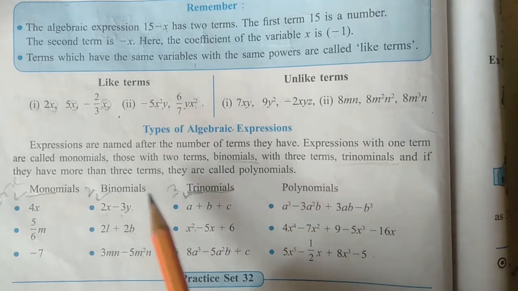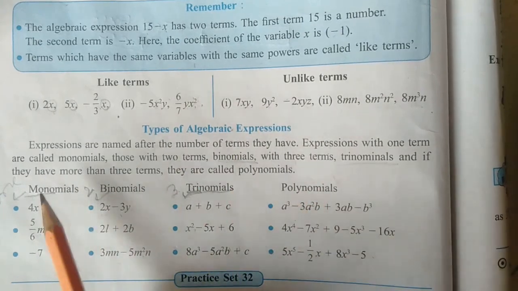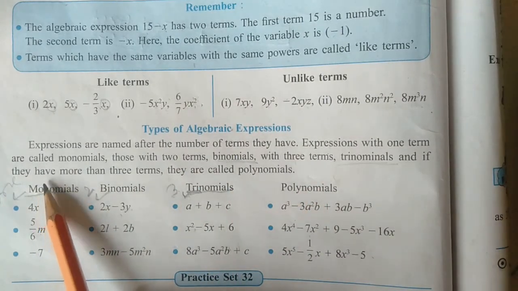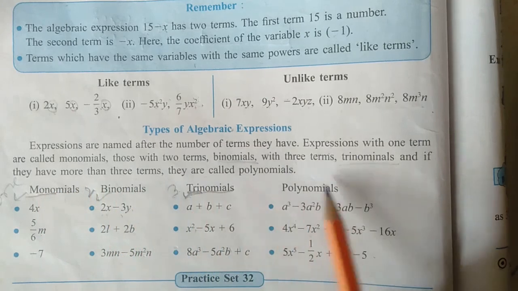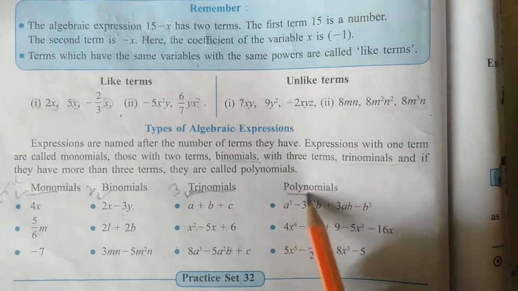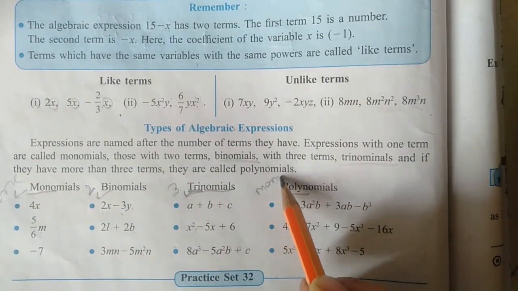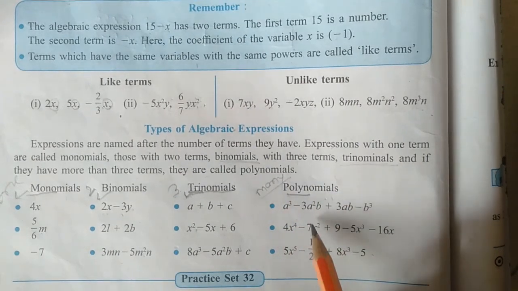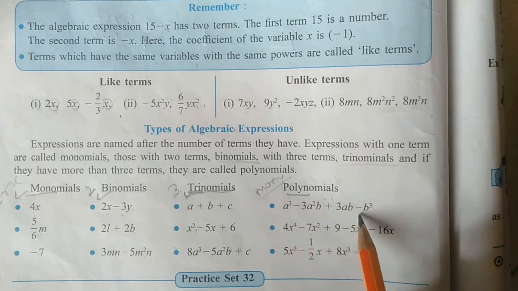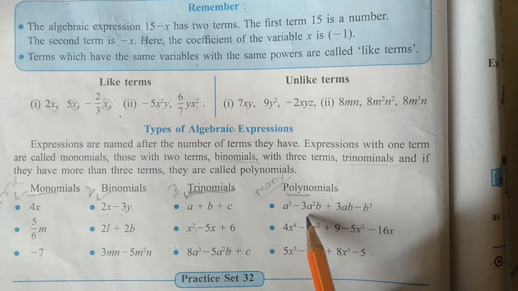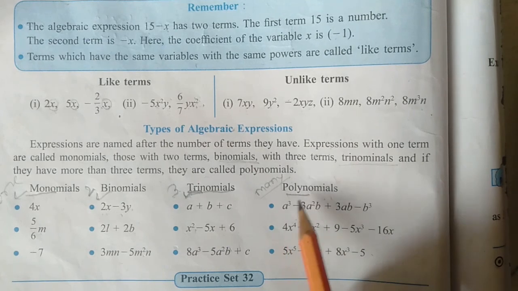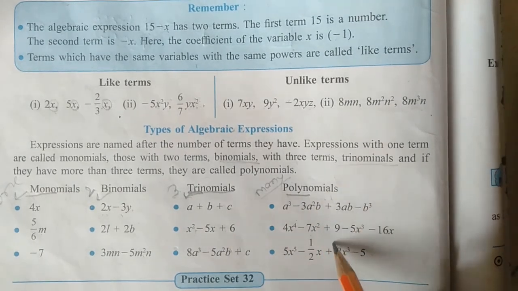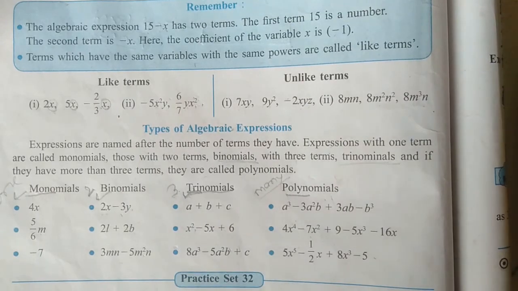Now the expression which has more than three terms is called a polynomial. Poly means many. So if the expression has more than three terms, then it is called a polynomial. So these are examples of polynomials.